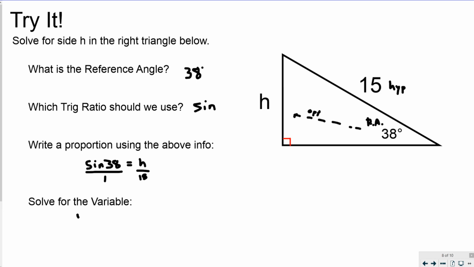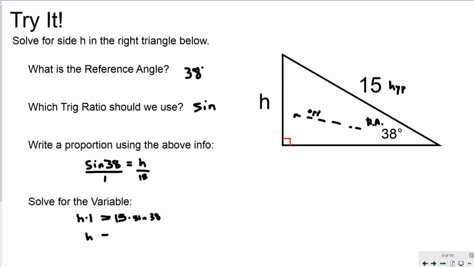So when I do, I get h times 1 equals 15 times the sine of 38. So I'm going to go ahead and calculate the sine of 38. And the sine of 38 is 0.6157. And I'm going to multiply that by 15.